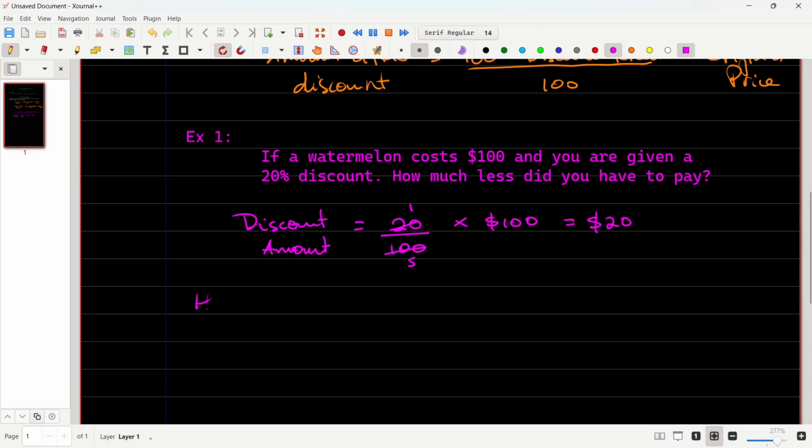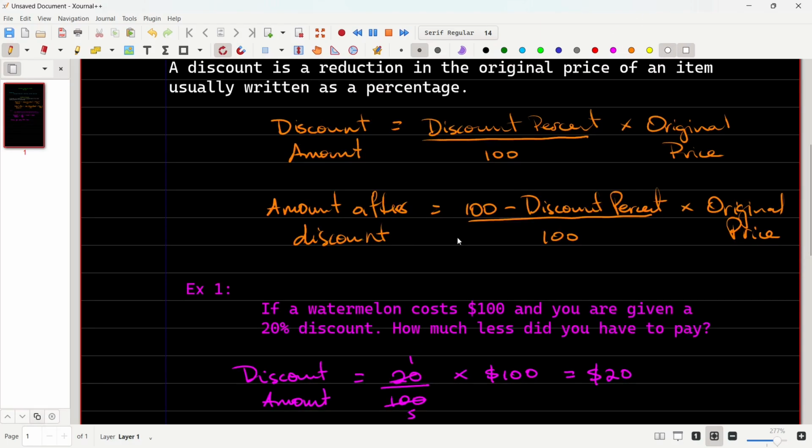So hence, you pay $20 less. Now, if I'm paying $20 less, that means I'm going to be paying $80 for the watermelon instead of 100. This formula here can give me that price after the discount.